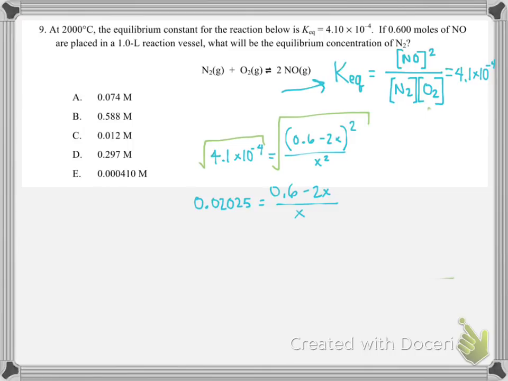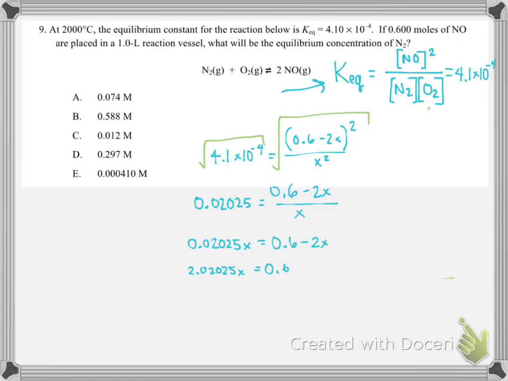So we can multiply over to get 0.02025x being equal to 0.6 minus 2x. Okay. And then I'm going to move the 2x over, add it over, so we'll have 2.02025x is equal to 0.6.